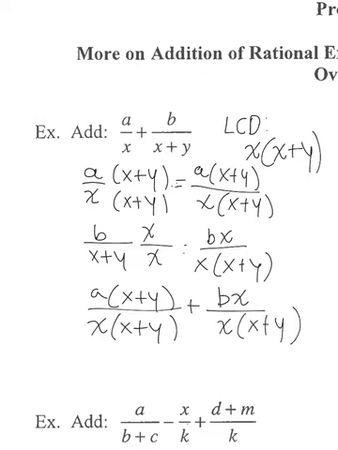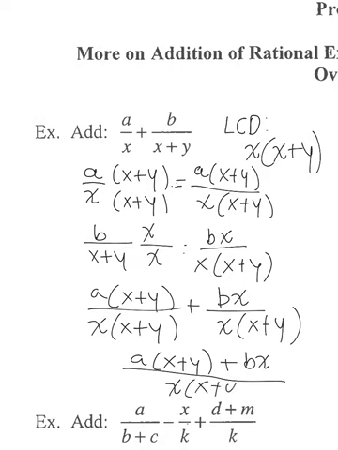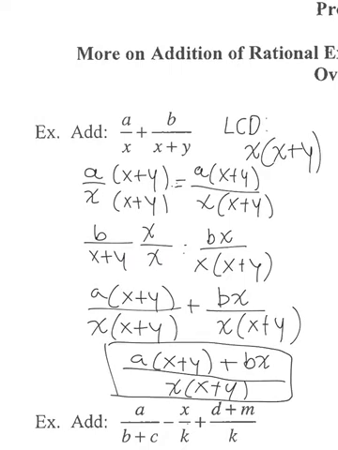And just like we would do with fractions, we're going to add the numerators. And so what we get, because we definitely don't have any like terms up here, is a times the quantity x plus y plus bx all over x times the quantity x plus y. And that would be our final answer for this one.